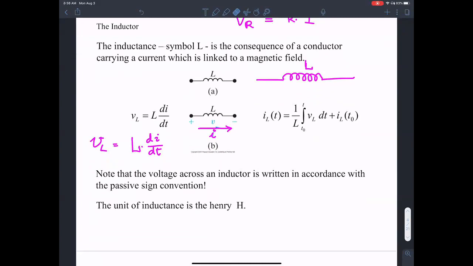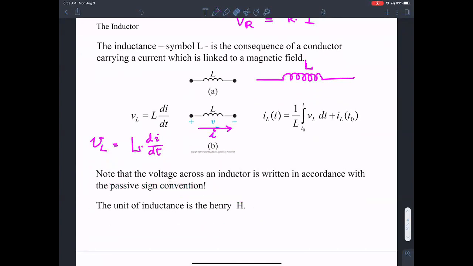Now, we use the voltage across an inductor in accordance with the passive sign convention, something we looked at as the very first tool set. The units of inductance are Henry.